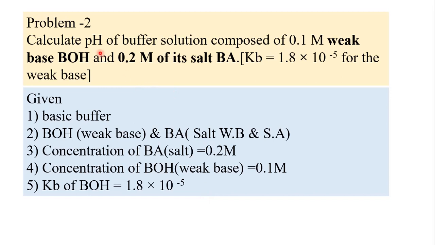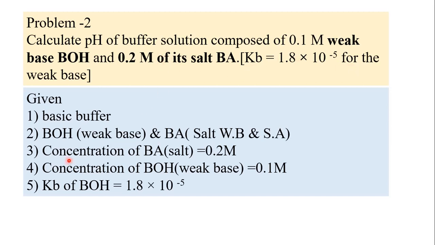Now we will see how to calculate the pH of basic buffer. Calculate pH of buffer solution composed of 0.1 molar weak base BOH and 0.2 molar of its salt BA. BA is a salt of weak base and strong acid, and Kb, that is dissociation constant of weak base, is given, that is equal to 1.8 into 10 raised to minus 5.